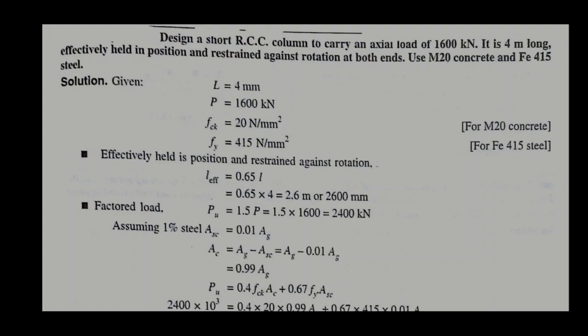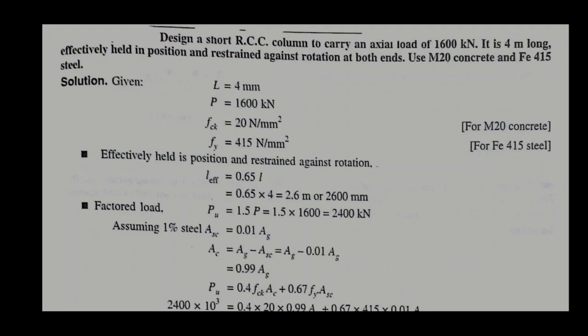Look, in this question, effective length is not given, length is given. Okay, and end condition, that means support condition, is given to find out the coefficient which we have to multiply to calculate effective length. Okay.